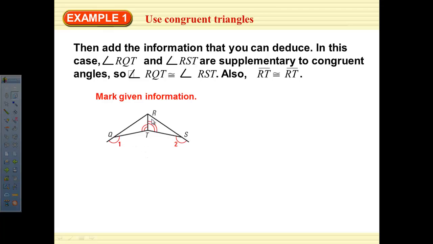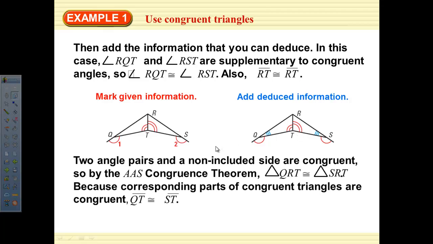And again, we would mark RT as congruent to RT. So we know that these two are congruent, therefore by congruent supplements, those two are congruent, and we have our angle, angle, side. So we're going to use angle, angle, side, and then that proves the two triangles are congruent, and then here's our CPCTC. Okay, gives us QT is congruent to ST.